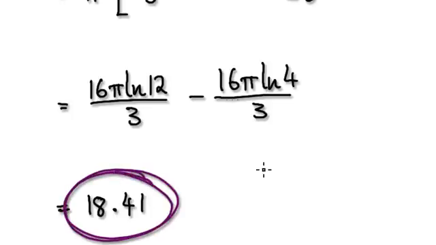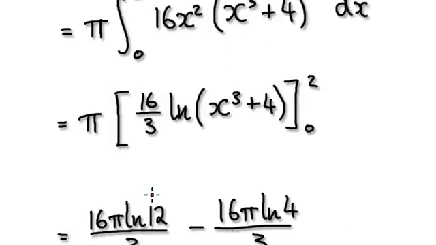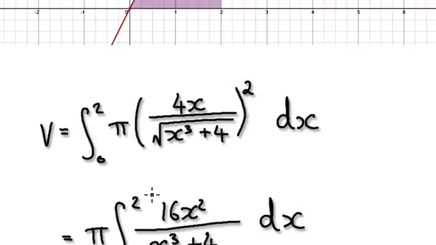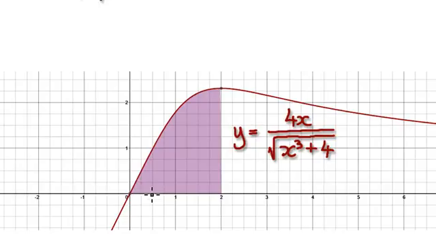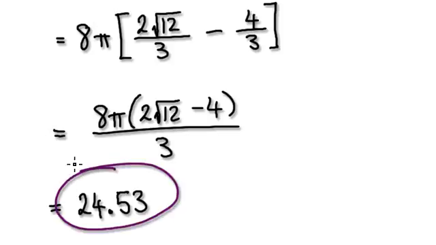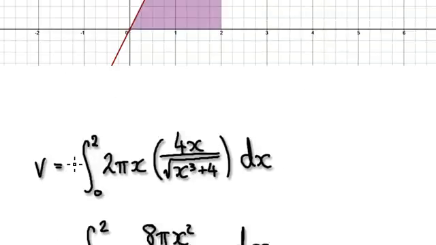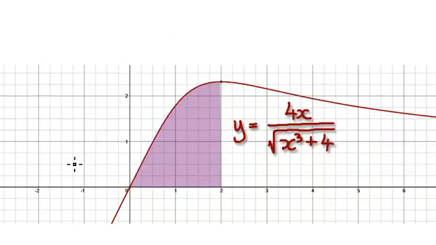Rotating it along the x-axis would give us a volume of 18 point whatever. Rotating it along the y-axis would give us a volume of this. As it turns out, it would give you a bigger volume if you rotate it along the y-axis.